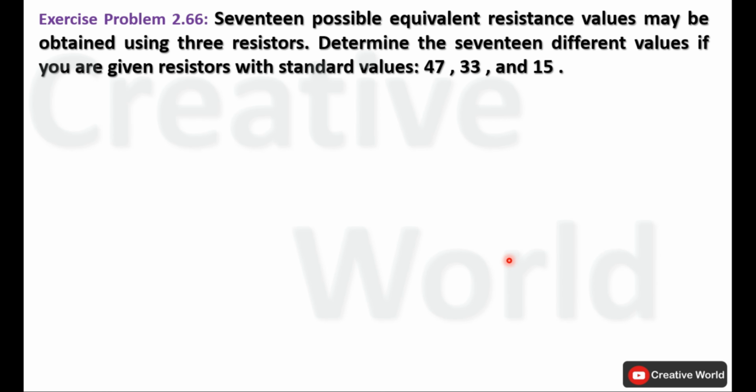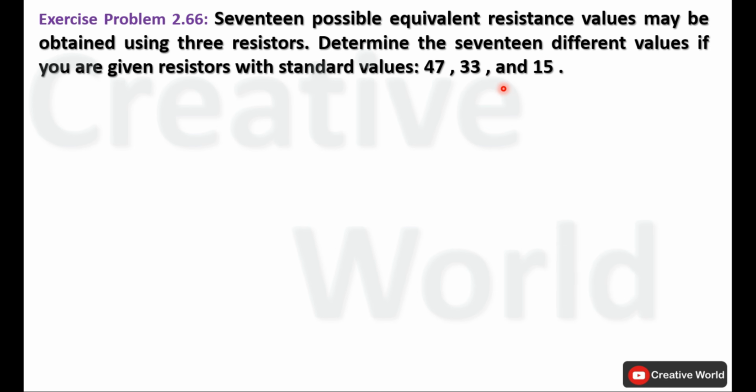Exercise problem number 2.66. Read the scenario. 17 possible equivalent resistance values may be obtained using 3 resistors. Determine the 17 different values if you are given resistors with standard values 47, 33 and 15 ohm.